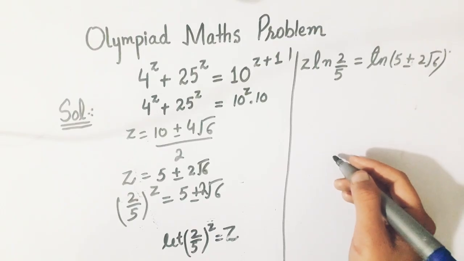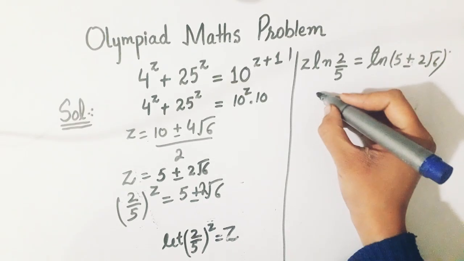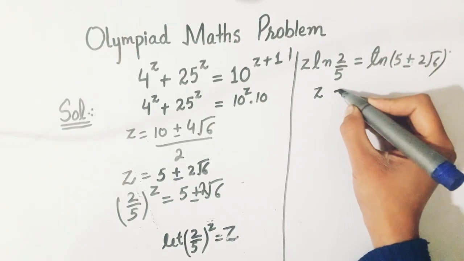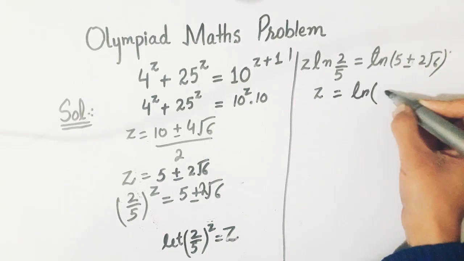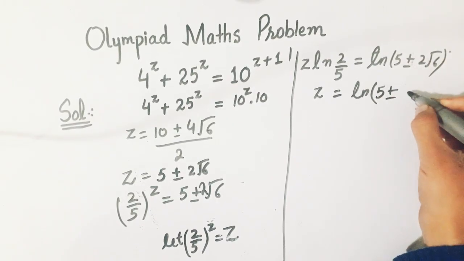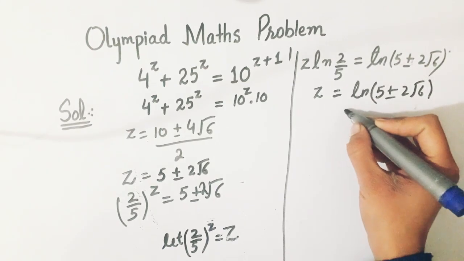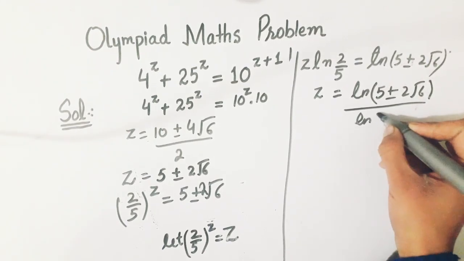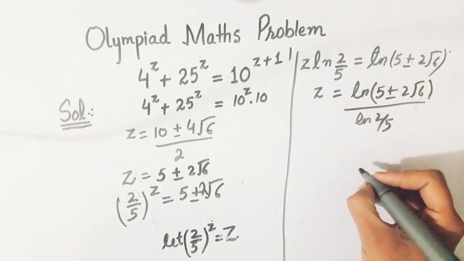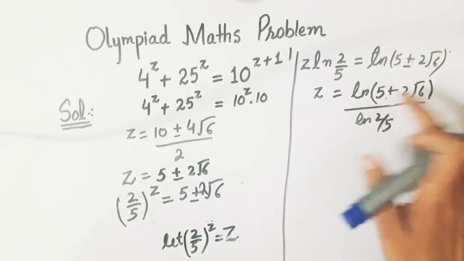So z equals ln of 5 plus minus 2 root 6 divided by ln 2 by 5, and only the positive value we will consider for this one.